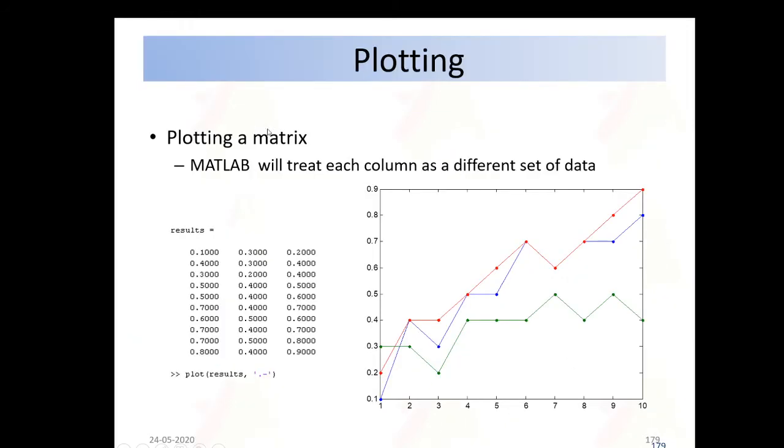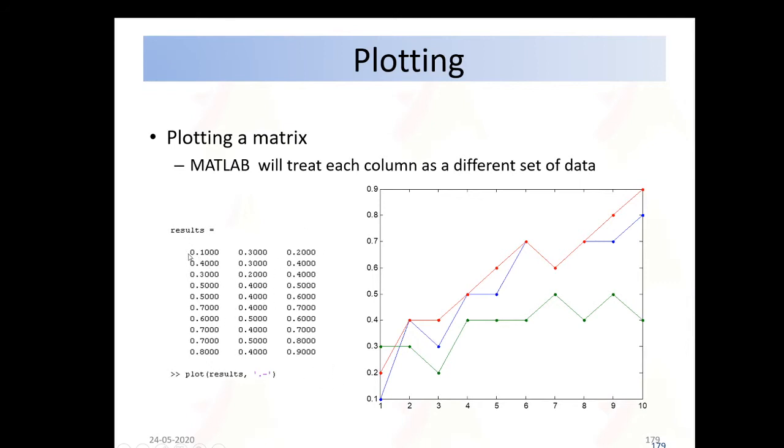Now you can see you have a matrix of 3 columns and 10 rows. MATLAB will treat each column as a different set of data: the first set, second set, third set of data.